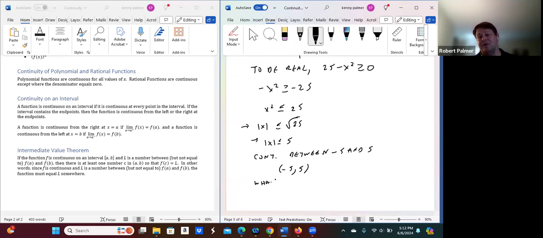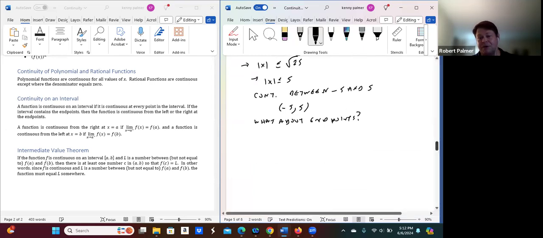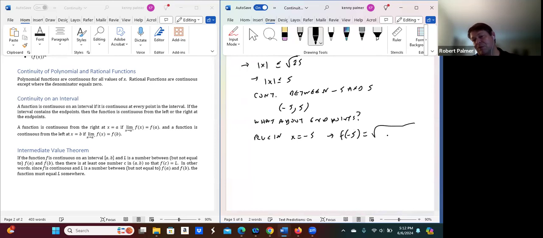But then we want to ask, what about the endpoints? Well, let's plug those into the function. Let's plug in x equals negative 5 first. f of negative 5 is the square root of 25 minus negative 5 squared. You square a negative, you get a positive, so that's the square root of 25 minus 25, which is the square root of 0, which is 0.